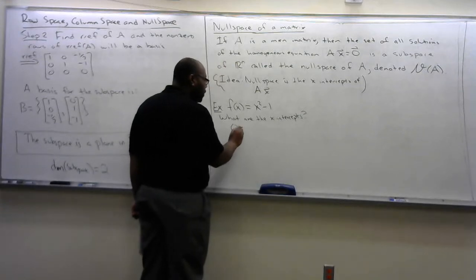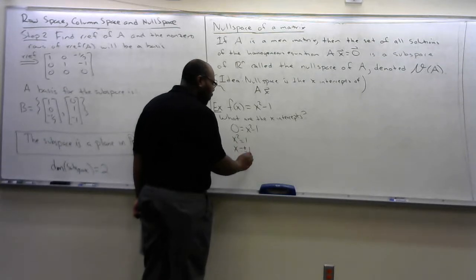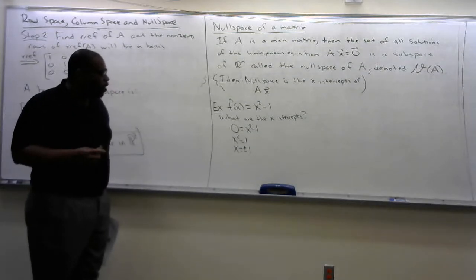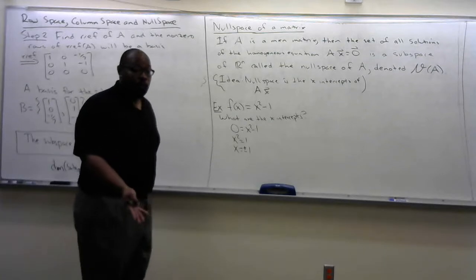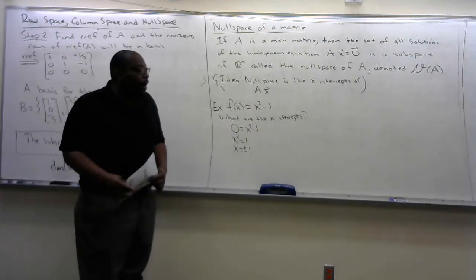We set this equal to 0 and solve for x, so x squared is equal to 1, so x is equal to plus or minus 1. These are the x-intercepts. When I plug in 1, I get 0, and when I plug in negative 1, I get 0.